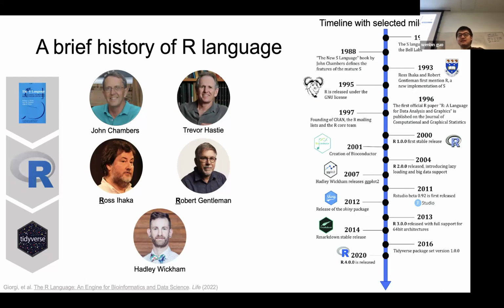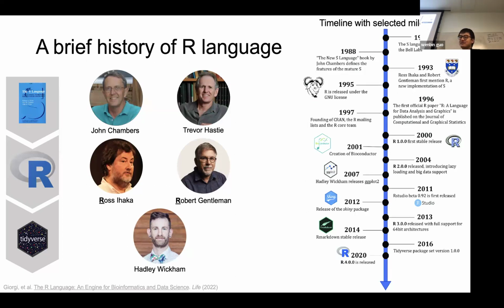Statistics in the original field is about computing, how we can use computing to get insights from the data. It involves a lot of computation, and especially after the 20th century, modern statistics heavily relies on computing. So these two needed a team, and they developed a language like S.